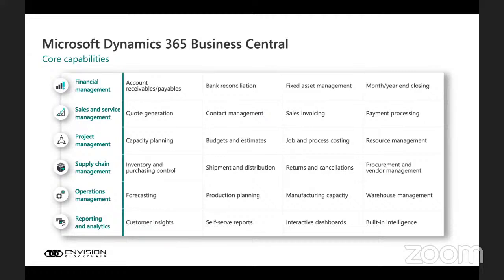I'm not going to read all of them here, but really from day one, these are all of the modules that come out of the box with this Business Central solution. You have everything that you need from just buying the SKU and implementing it, right?